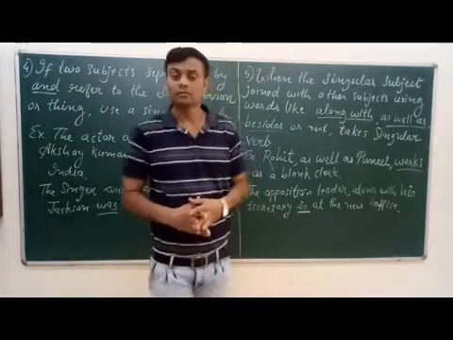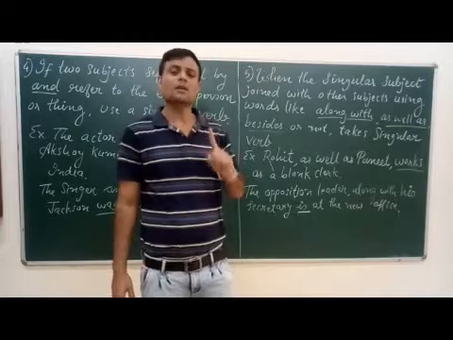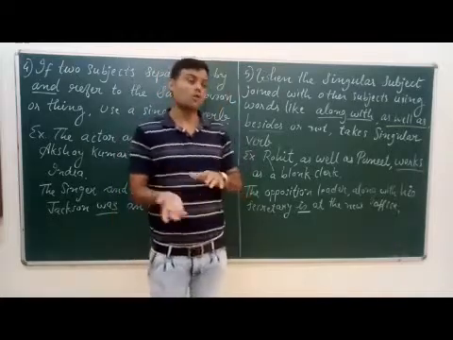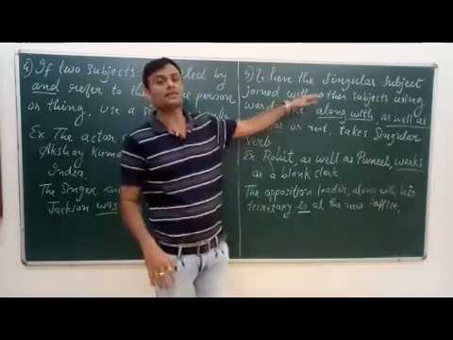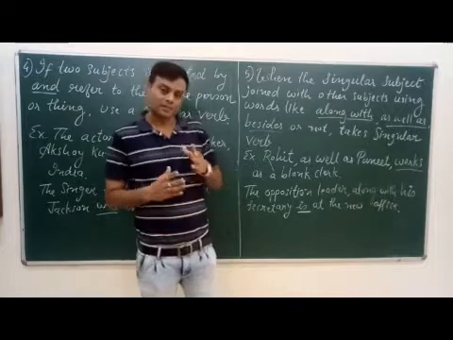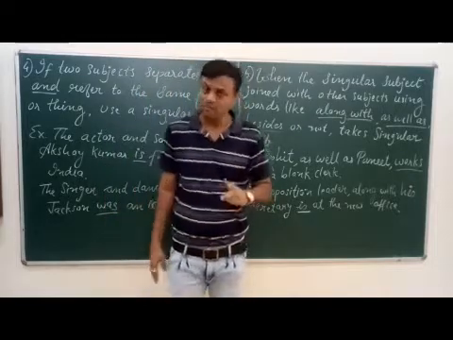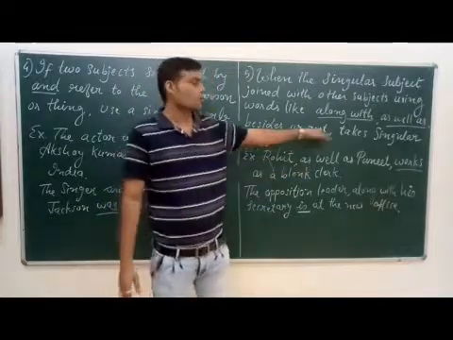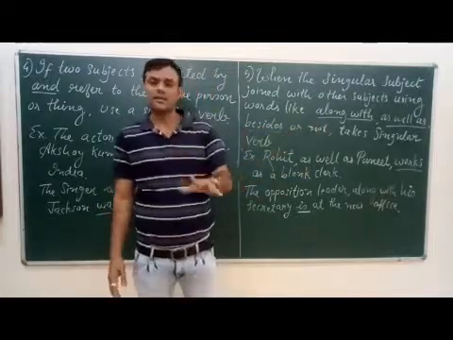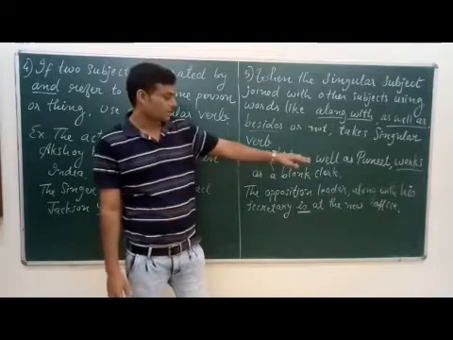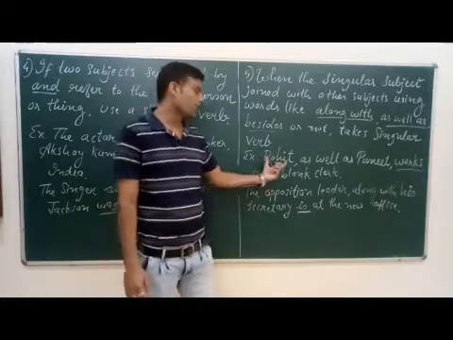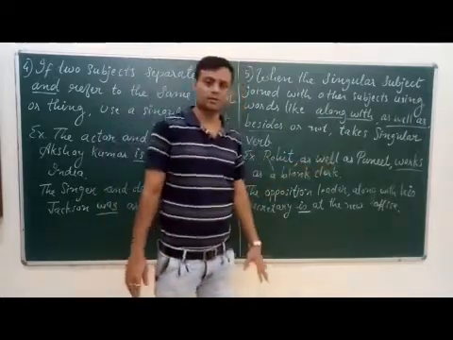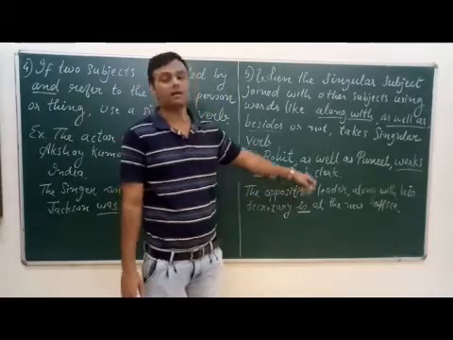I repeat, when a singular subject is joined with other subjects by using words such as as well as, along with, besides, or not, it takes a singular verb. See these examples. Rohit as well as Punit works as a bank clerk.